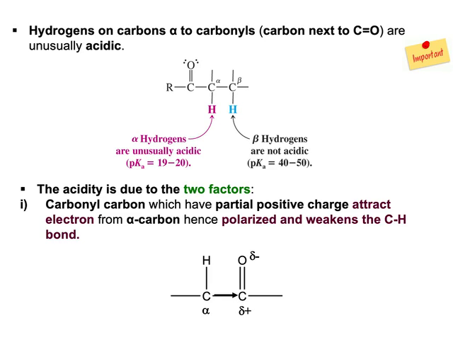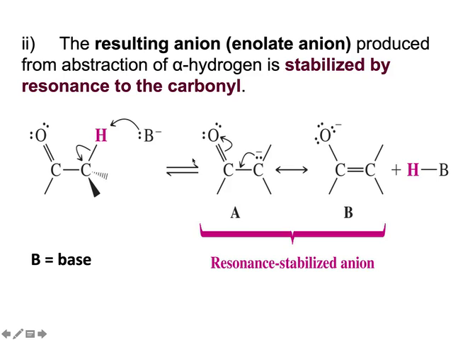So this carbonyl carbon will attract electrons from the alpha carbon, polarizing and weakening the C-H bond, resulting in an ion, forming the enolate anion.